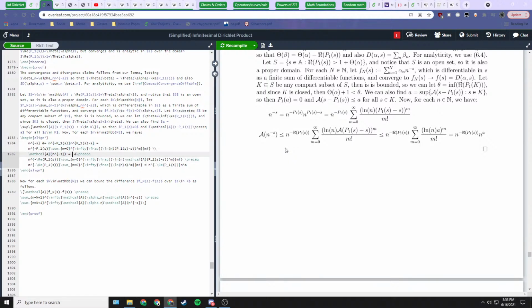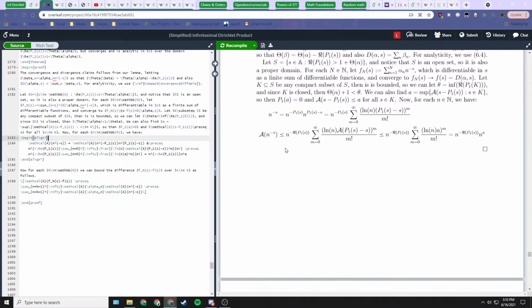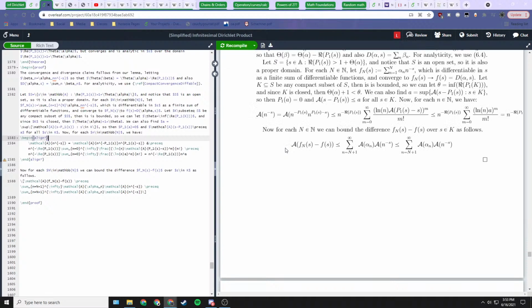So this is equal to the absolute value of these, which is bounded by, so we have this, and then the summation, that does not fit into one line. Let's do equality first.